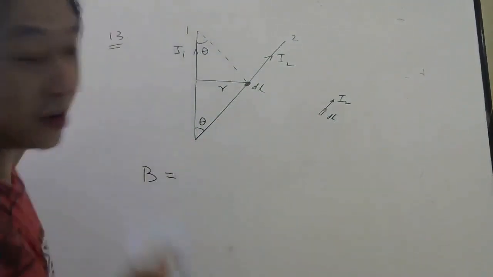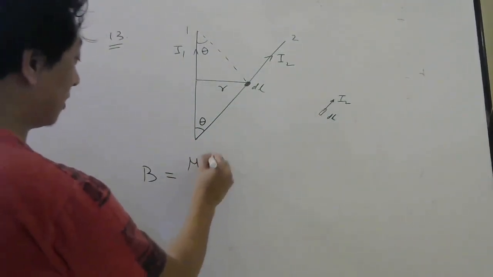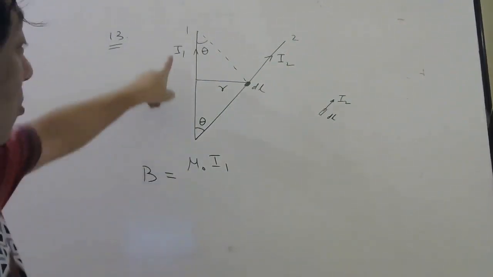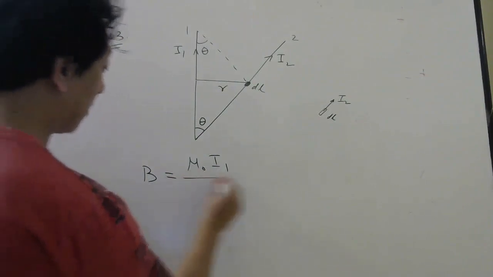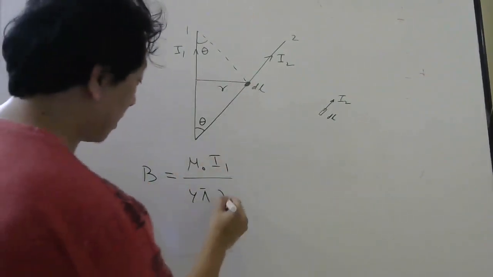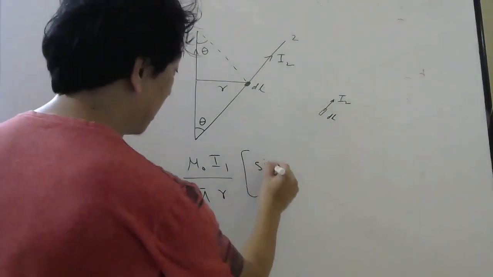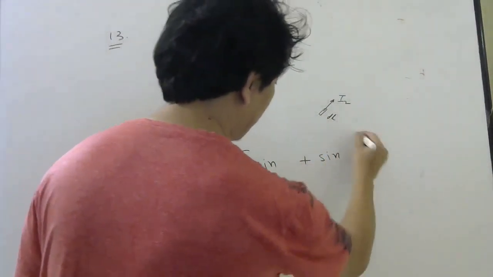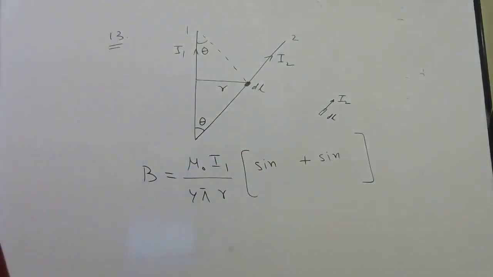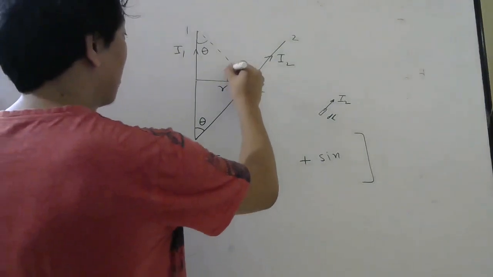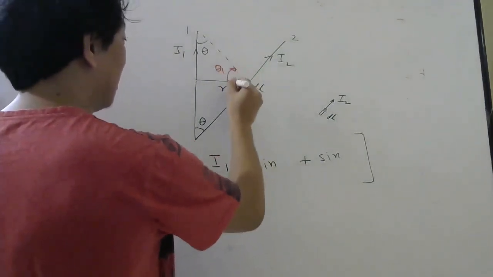This is a finite wire, so we have to use the formula mu naught I1 by 4 pi, because we are calculating the magnetic field due to this current. The perpendicular distance is already given as r, times sine theta 1 plus sine theta 2. Now be careful with who is theta 1 and who is theta 2. This is your theta 1, correct or not? And this is your theta 2.